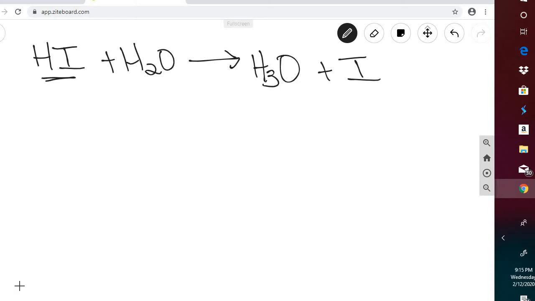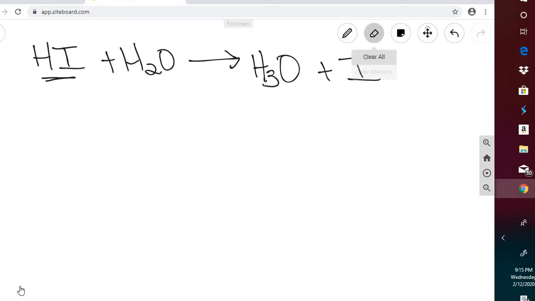And then we have to balance it. So 3 hydrogens there. Oh no, okay, I guess it is balanced. So we have 3 hydrogens, 1 oxygen, 1 oxygen, 1 iodine, 1 iodine. Okay, so that is already balanced.